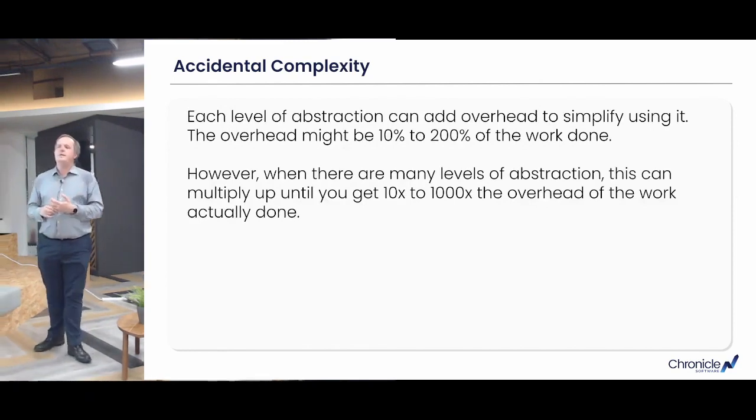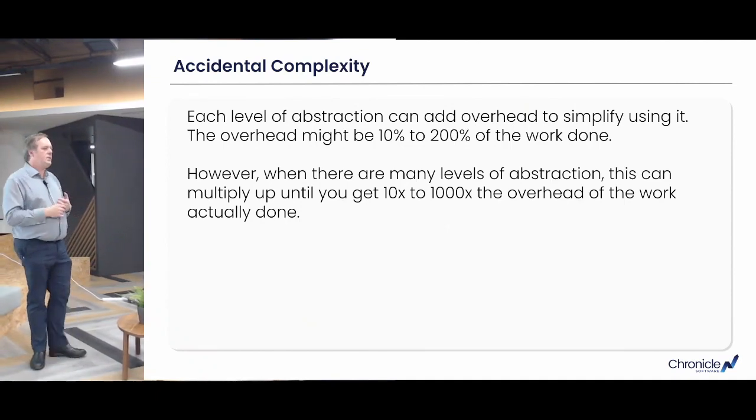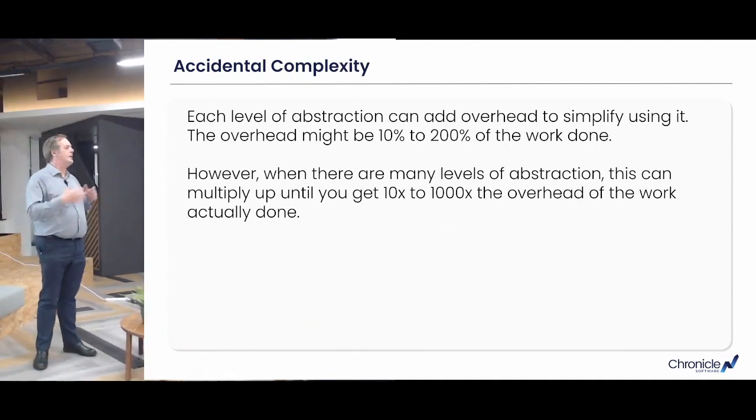Now, how is it possible that you could get an accidental complexity that large, like 2 or 3 orders of magnitude? One of the causes of this is your application will have multiple levels of abstraction. Even in our case, we try and cut down the number of levels of abstraction, but still there are multiple levels.